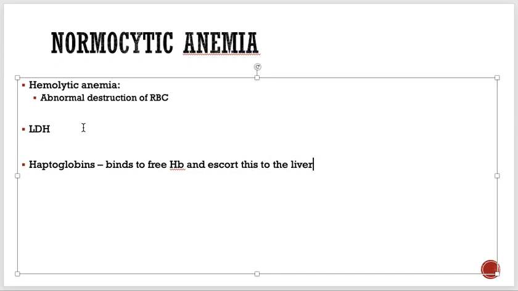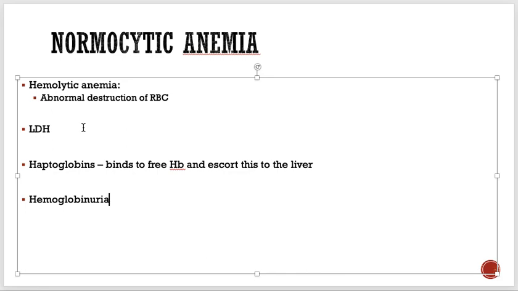Now the important point to remember is that haptoglobins are also limited, and they can get saturated as well. If the hemoglobin is too much, haptoglobin can get saturated, and when the haptoglobins get saturated, what will happen? The hemoglobin will keep on circulating in the blood, and it can be passed in the urine, which will lead to hemoglobinuria.